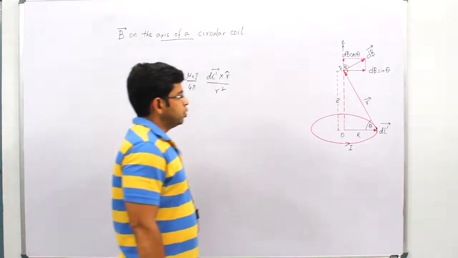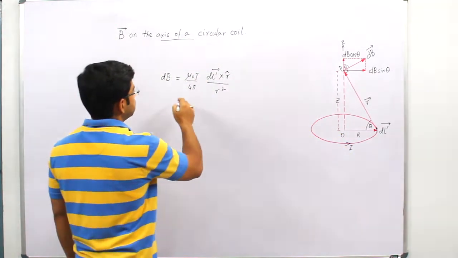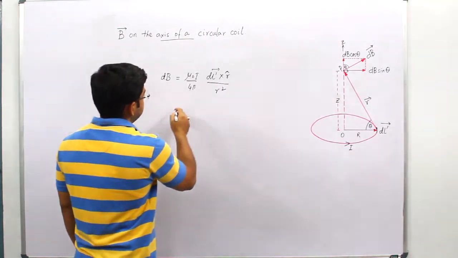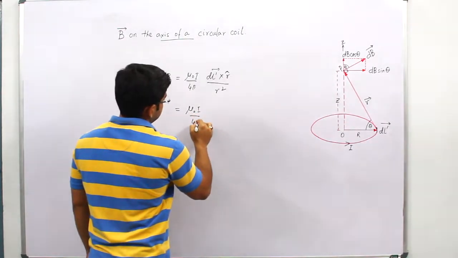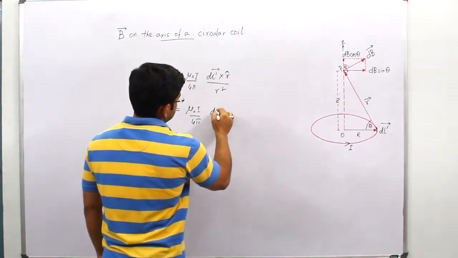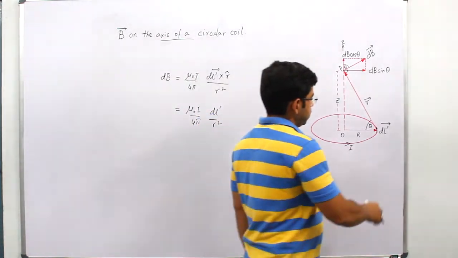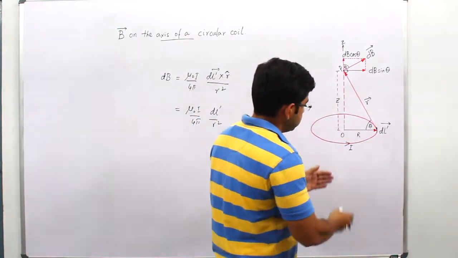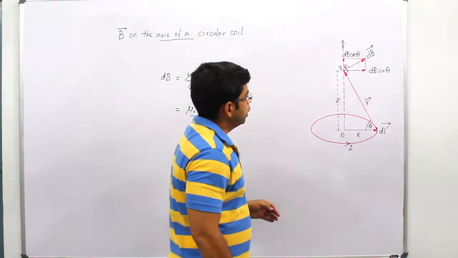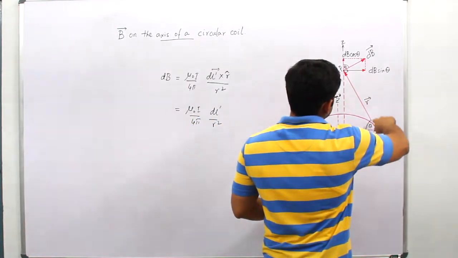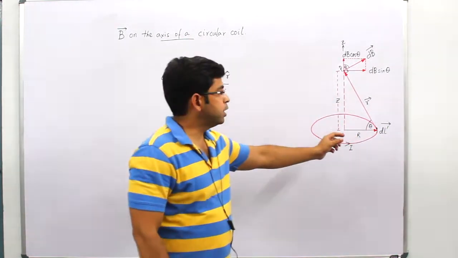So only for this length element, the field dB according to this equation will be mu 0 I by 4 pi and simply dl prime by r square, because you see the direction of this length element is tangential along the direction of the coil, and the radius vector is at an angle 90 degree to the direction of the length element dl.